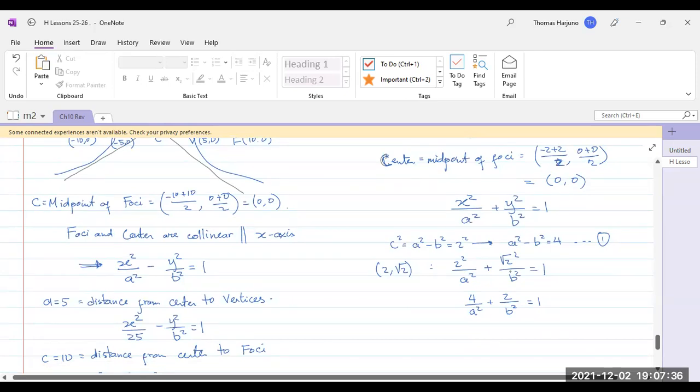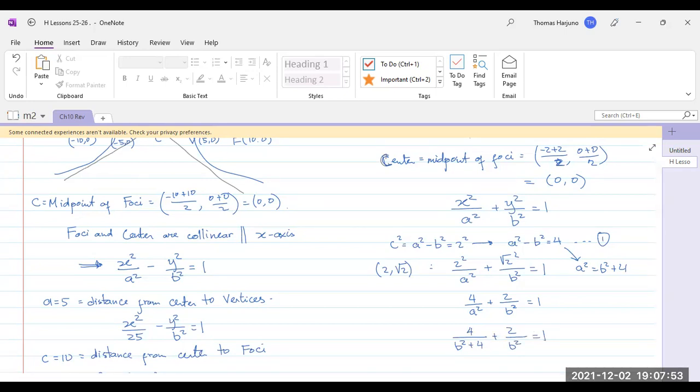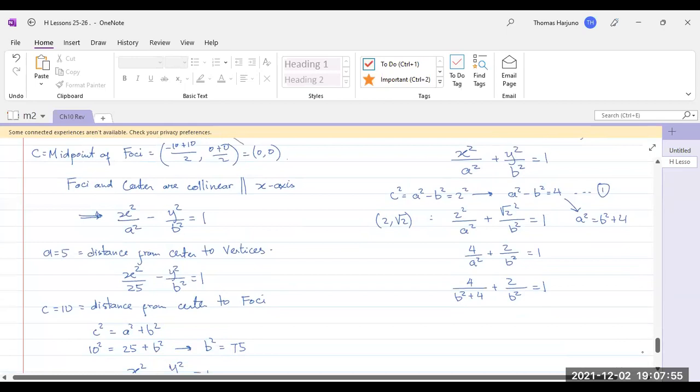a squared equals b squared plus 4. Is that right? Then we solve this equation. I don't really like this though. Multiply by the LCD, b squared plus 4 times b squared.